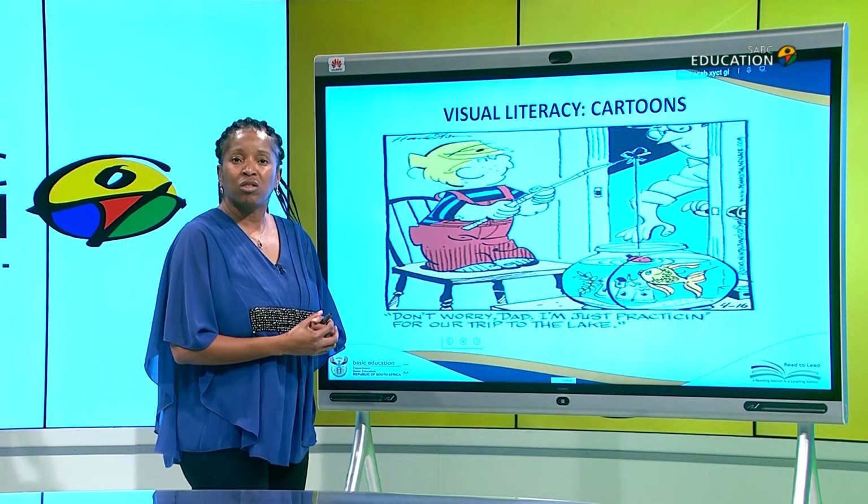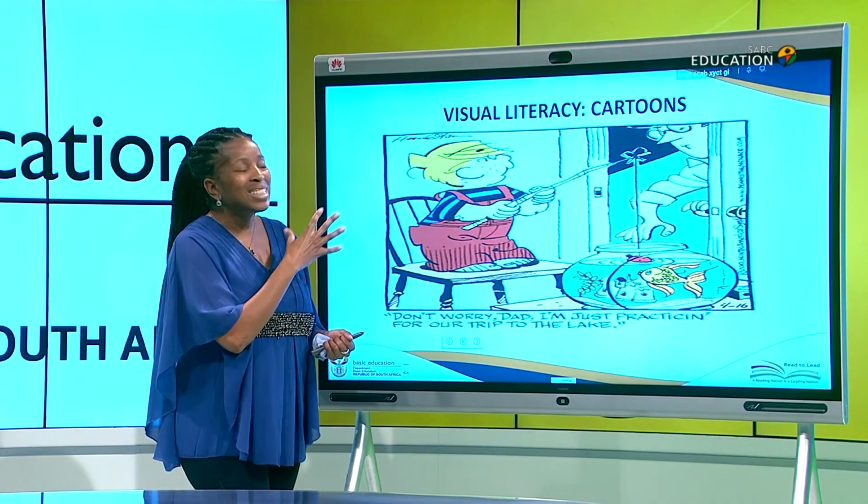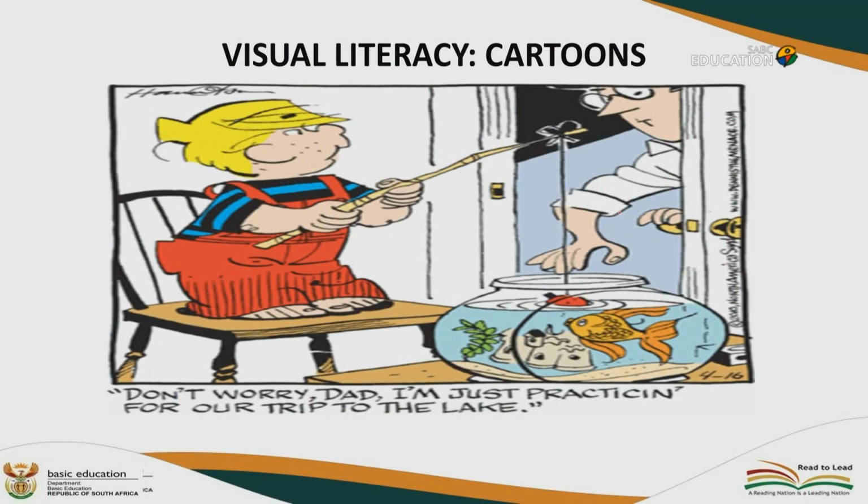Ask yourself, do I understand what is happening in this particular text? How will you manage to answer those questions? By looking at the words in the text, by looking at the pictures in the text. This will assist you in responding to the questions that you may have about a particular text. Please remember that if you cannot answer those questions, you need to reread that text for better understanding.